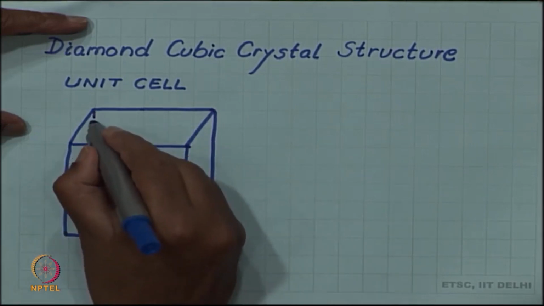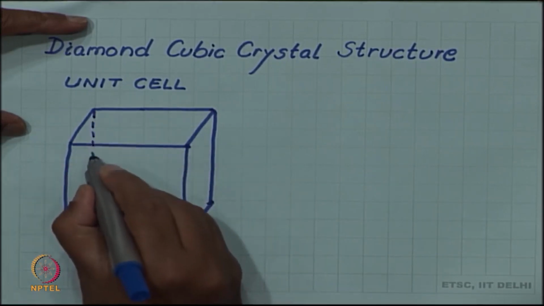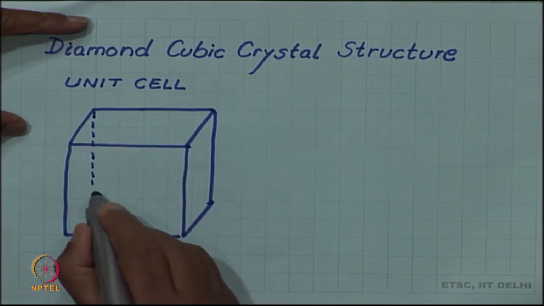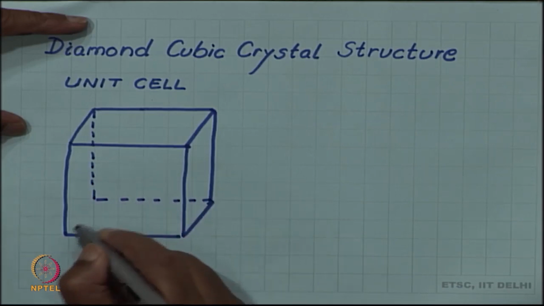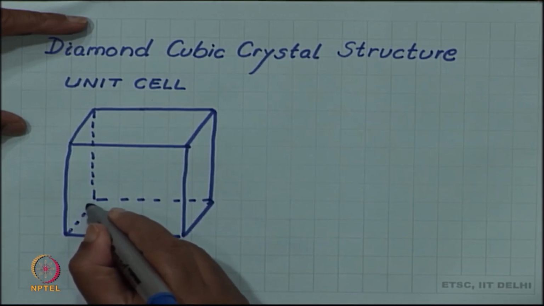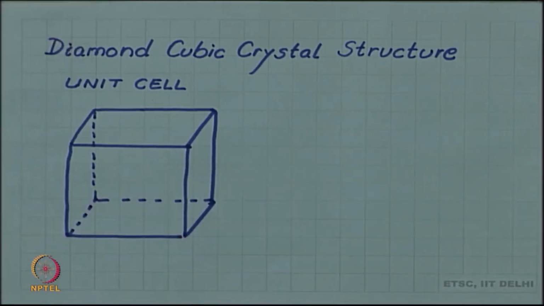So, I am beginning with the cube. This is a skeleton cube and will become diamond cubic when we populate it with properly located atoms.